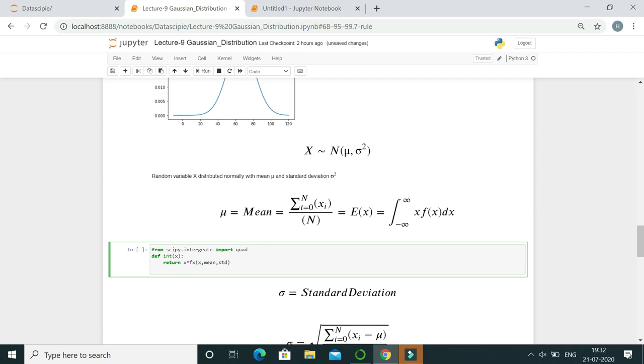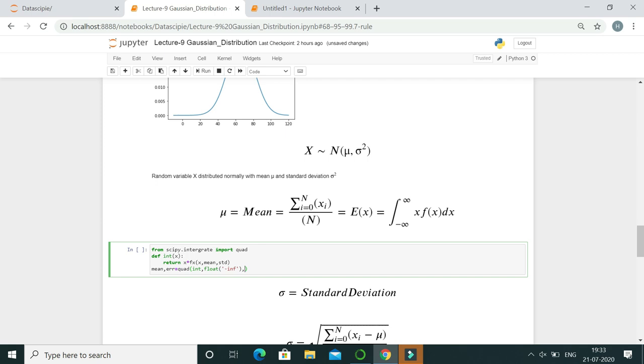Then we have to specify this integral. So mean error is equal to float of int. What is our limit of this integral? Minus infinity to plus infinity. For that, float minus infinity to what?